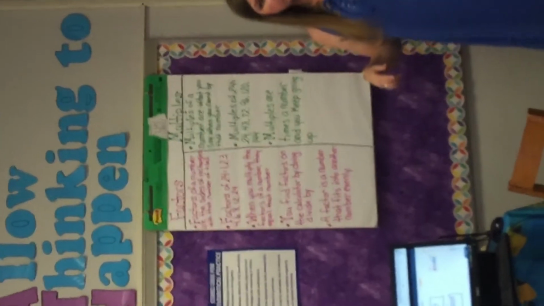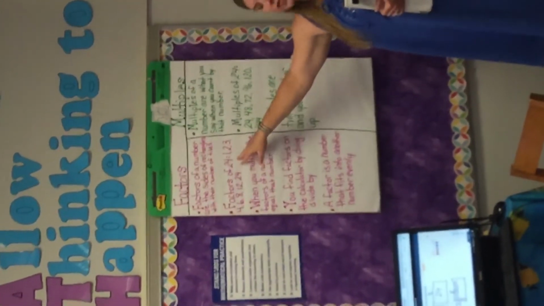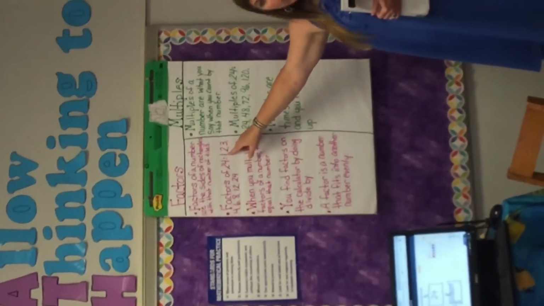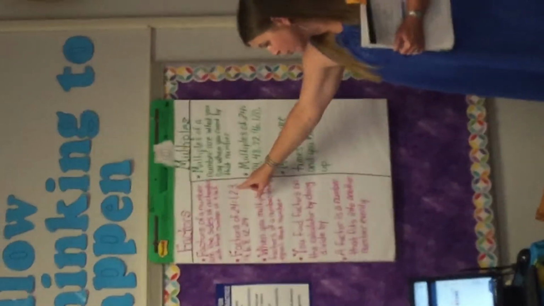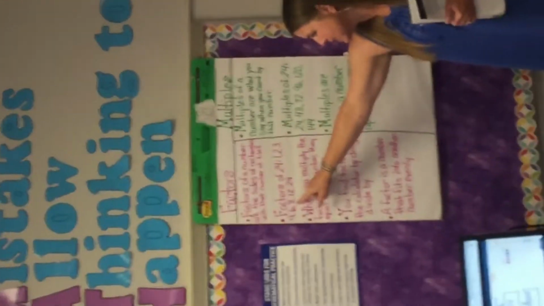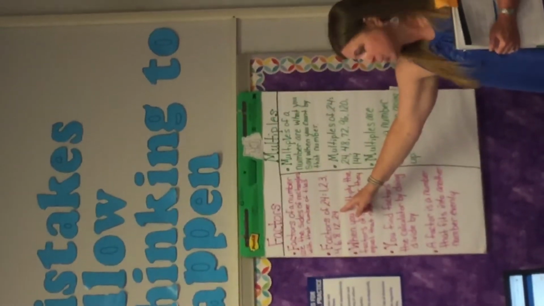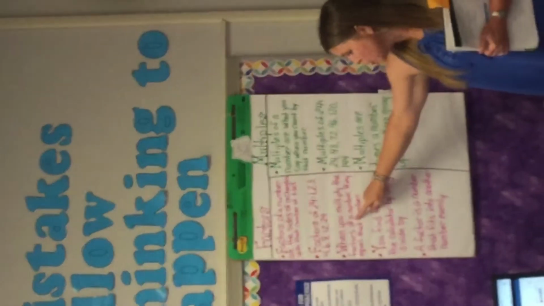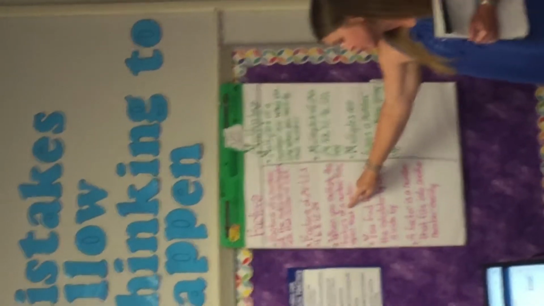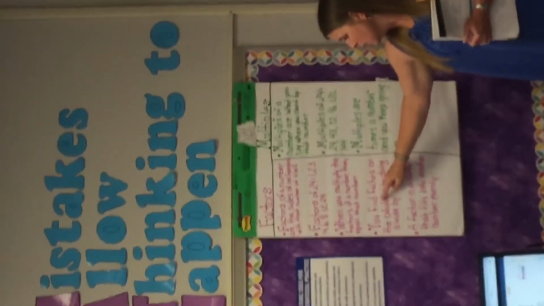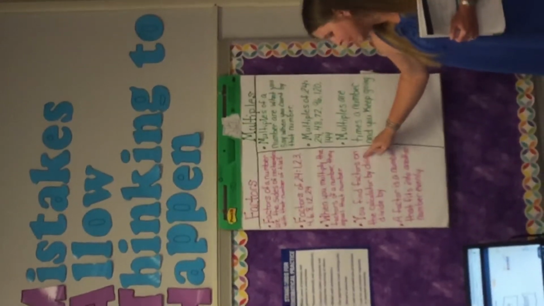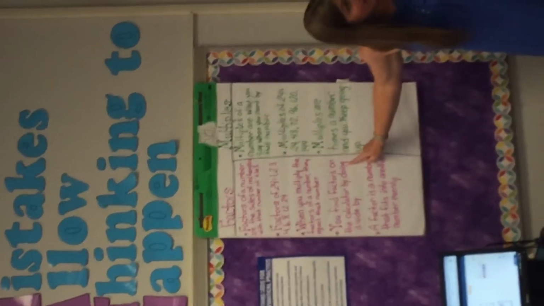Okay, that's a rule. Here's another one. Factors of 24. 1's a factor, 2, 3, 4, 6, 8, 12, 24. When you multiply the factors of a number, they equal that number. You find factors on the calculator by dividing.